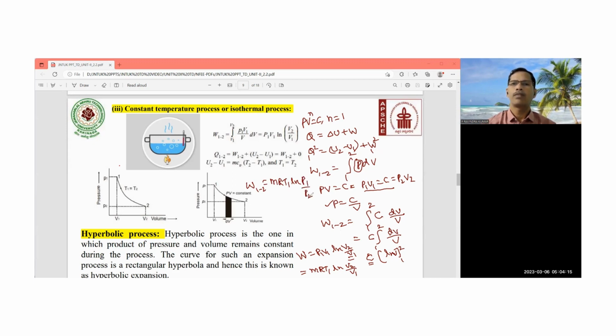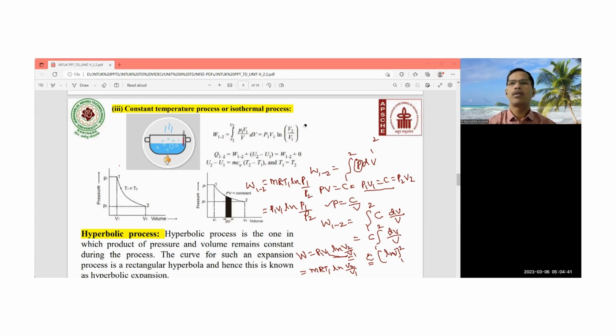That is nothing but equal to P1 V1 ln P1 by P2. See here, P1 by P2, and here P1 V1 ln V2 by V1. This is how you have to observe the expressions in this particular isothermal process.